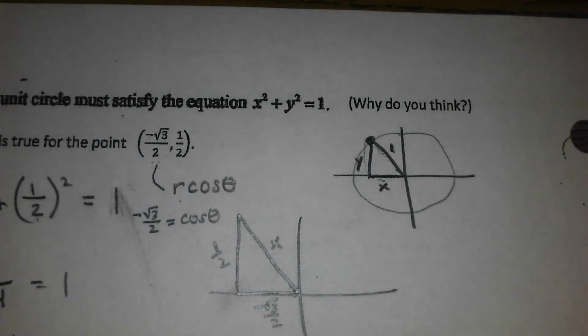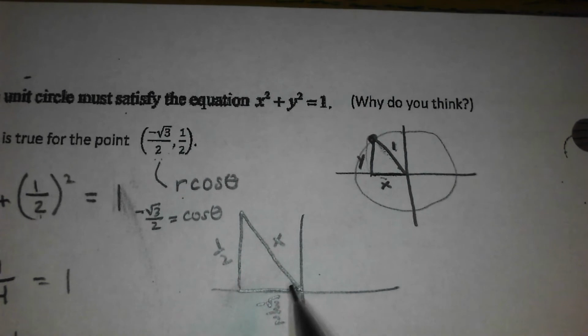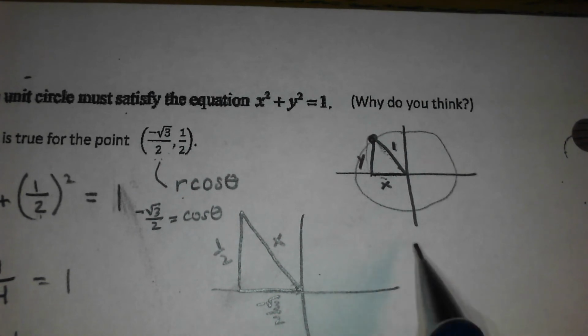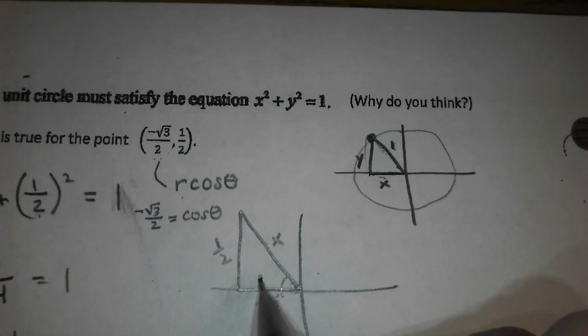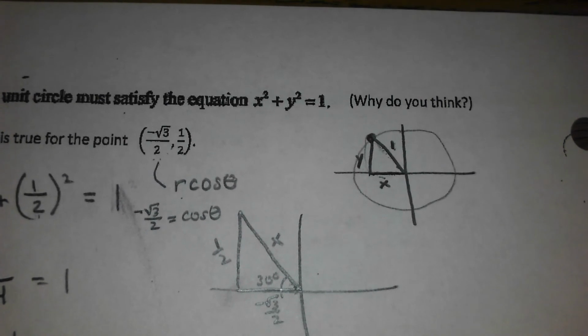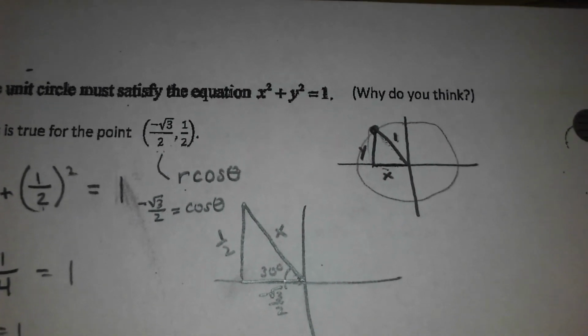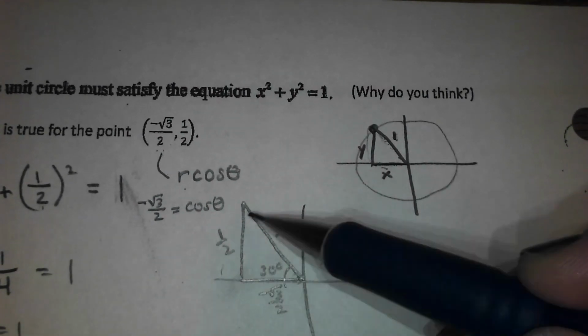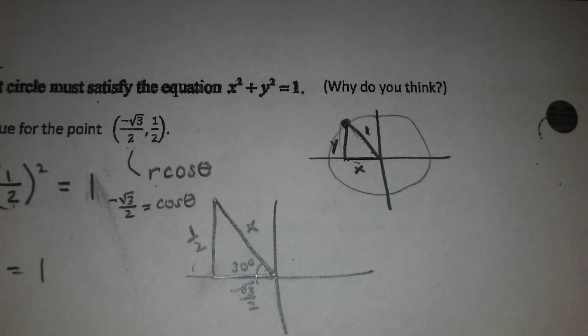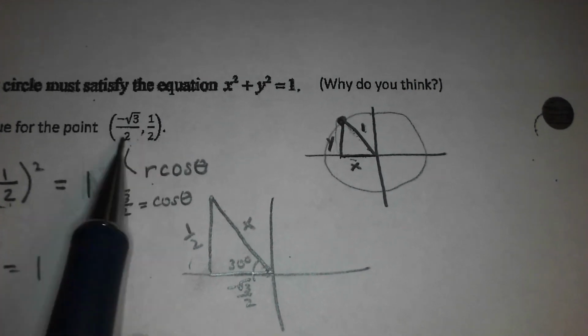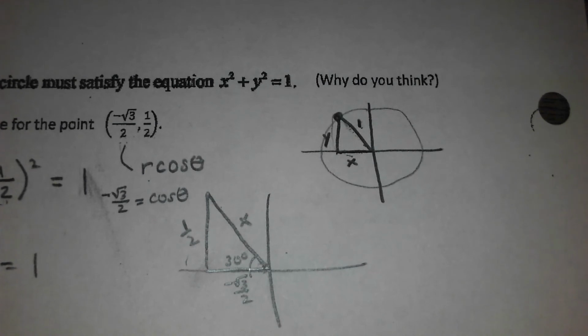So what's the reference angle? The cosine of 30 degrees is root 3 over 2, correct. But we know that this isn't a 30-degree angle because that would be in quadrant 1. We just know that the reference angle is 30 degrees, right? And so if the reference angle is 30 degrees, what is actually the measure of theta? 150. Does that make sense? 180, backing it up 30 degrees would put you at 150. They didn't ask that, but based on the fact that you know the point and you know what that equals, you can figure that out.